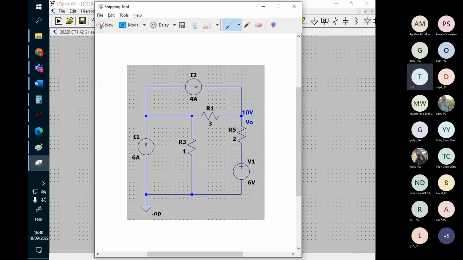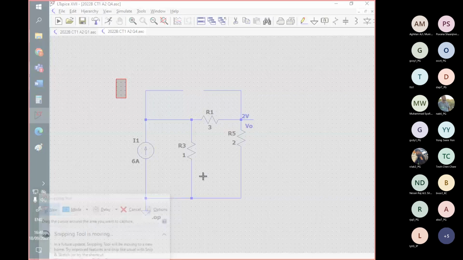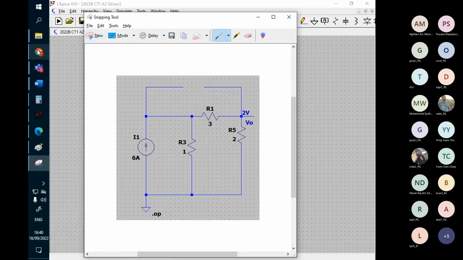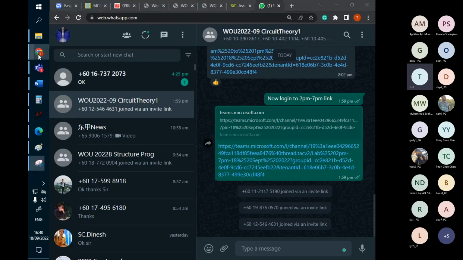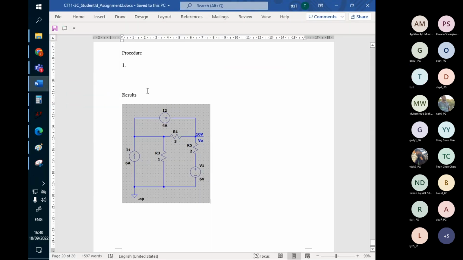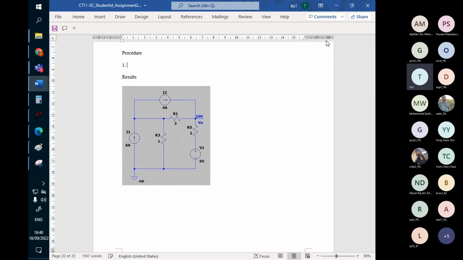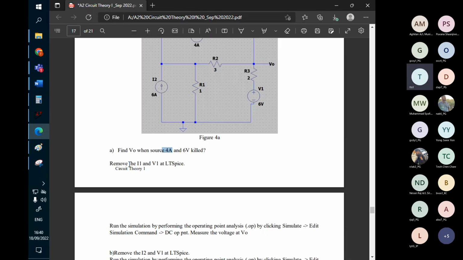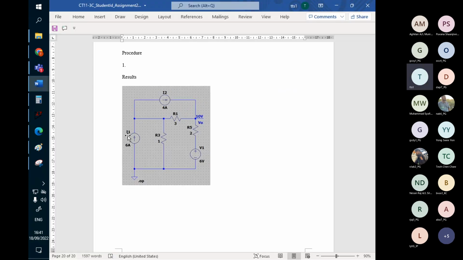Let's cut this one out and place it under step 1. Step 2, I think. No, wait. Divided into step A, B, C. Okay, let's follow exactly the same.